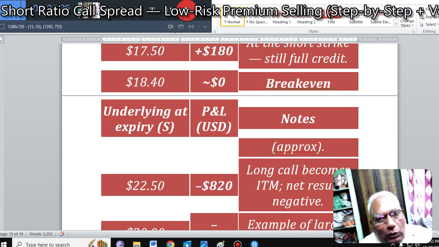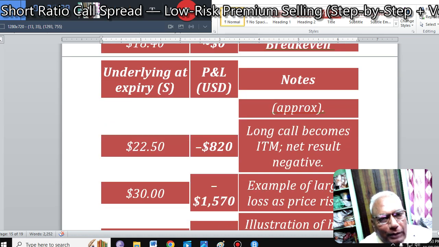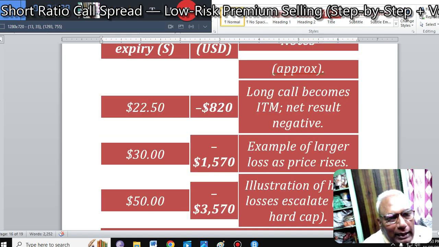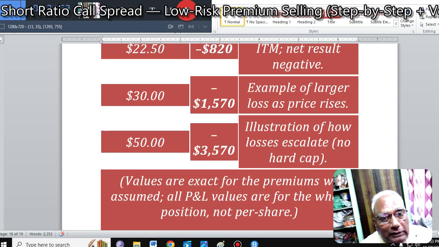Underlying at expiry, P&L in USD, approximately $22.50: minus $820. The long call becomes in the money, net result negative. $30.00: minus $1,570, an example of larger loss as price rises.